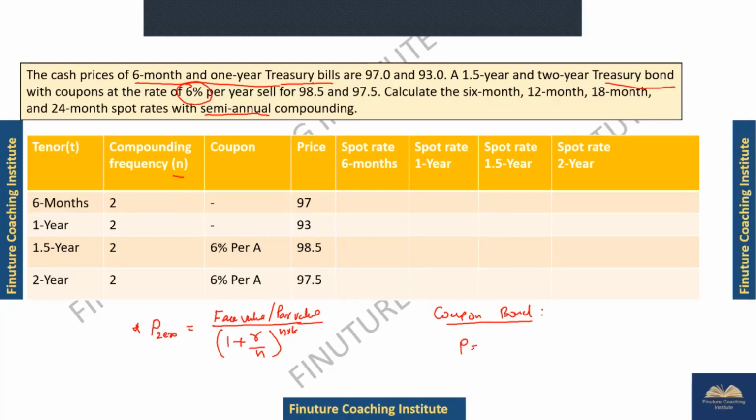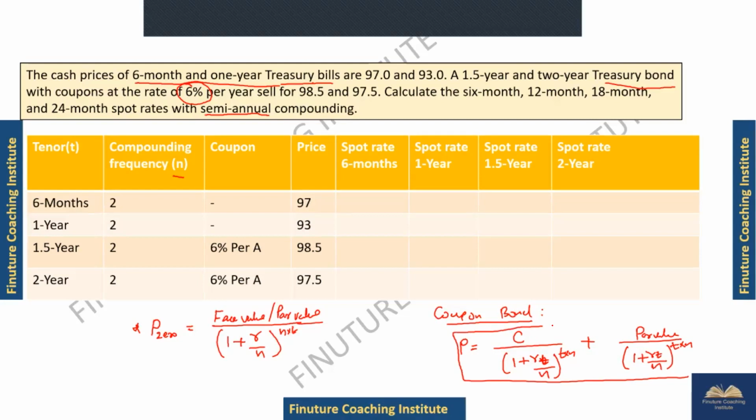The formula for the price of this is that you discount your coupons at the spot rate, whatever the corresponding spot rate R_T is for that maturity, divided by compounding frequency, to the power T into N, plus, because you get your par value back at maturity, the par value, or face value, divided by (1 plus R_T divided by N) to the power T into N. So these are very important formulas that we'll be using to solve the above problems and calculate spot rates.